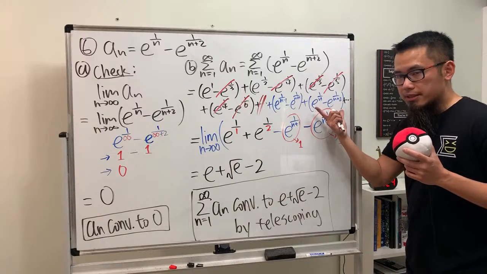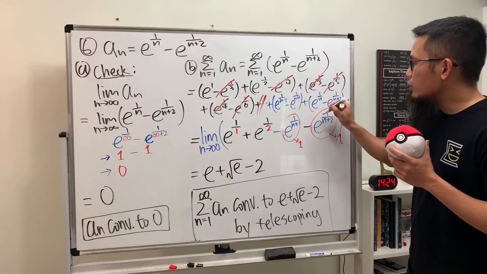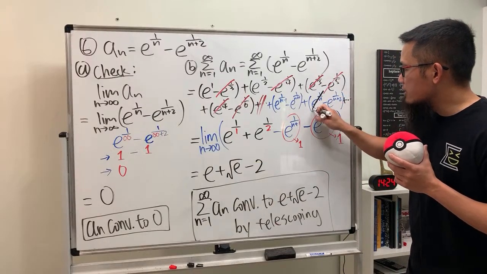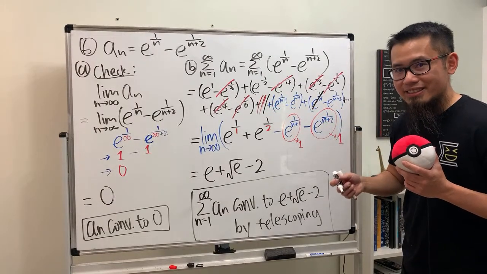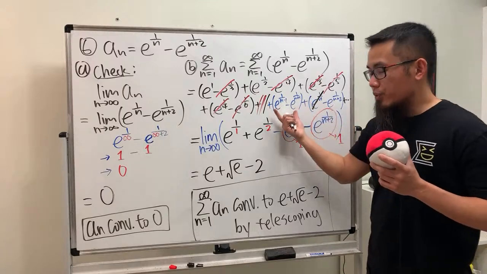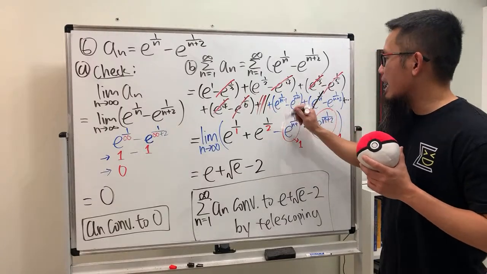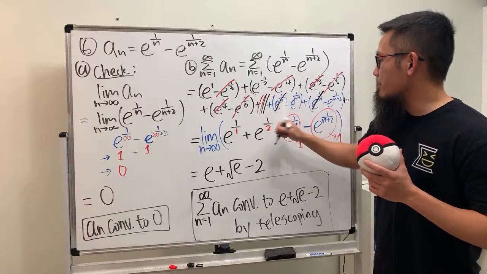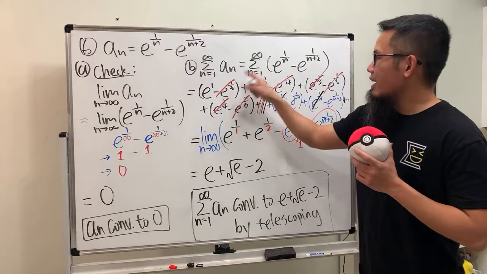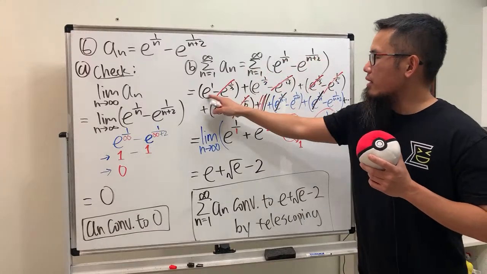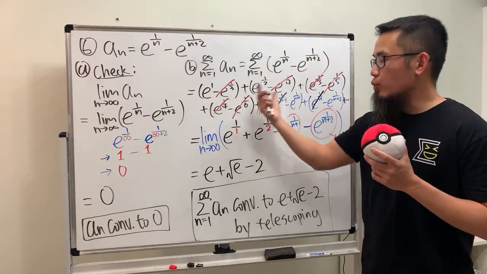So if you look at this, here we have e to the 1 over n. This is going to get cancelled out with some guy in the front right here, isn't it? Yes. And if you go to the previous term, this guy is going to get cancelled out with some guy beforehand, isn't it? Yes. That's why when they are off by 2, just write down the first 2 terms right here by doing what I told you.